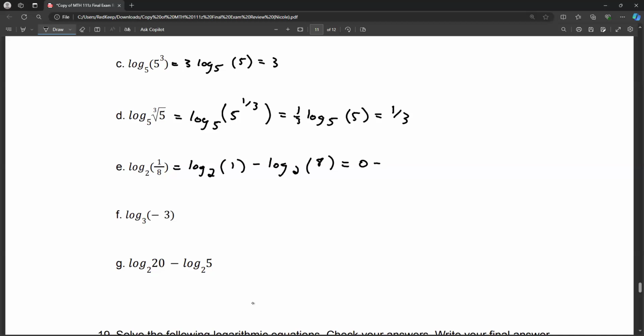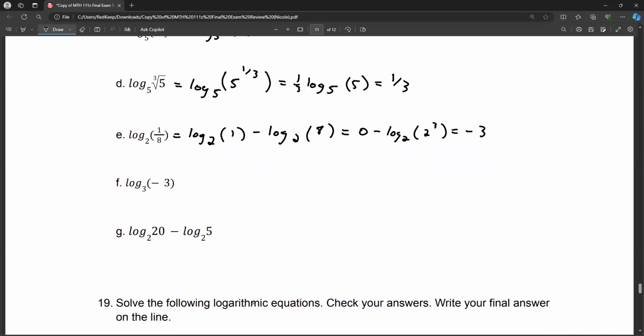And here we could write 8 as 2 cubed, right? 2 times 2 times 2 is equal to 8. And so this will be -3. And then we'd have log base 2 of 2, which is just equal to 1. So the final result should be -3.